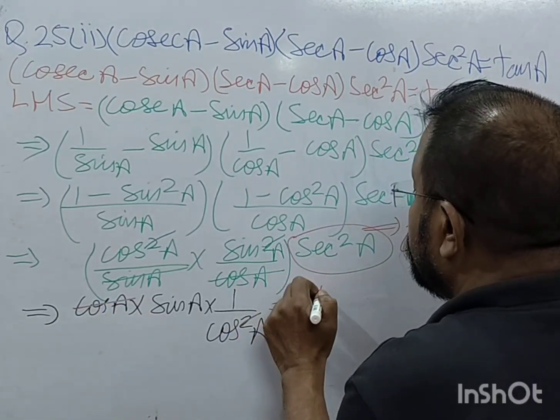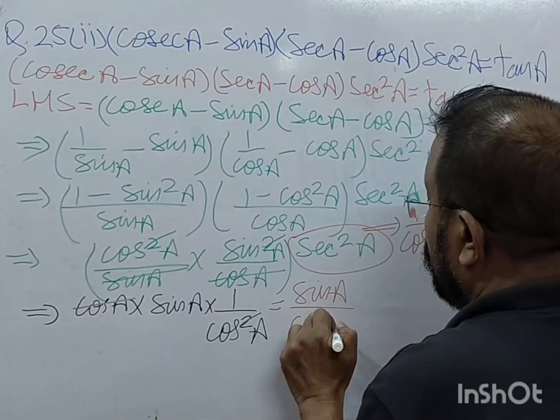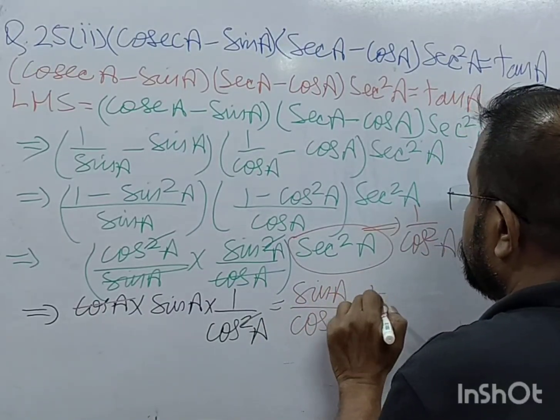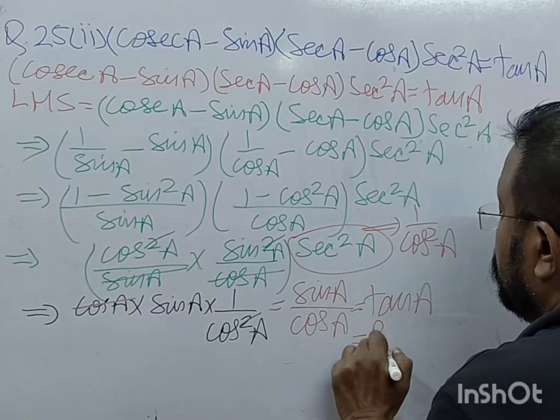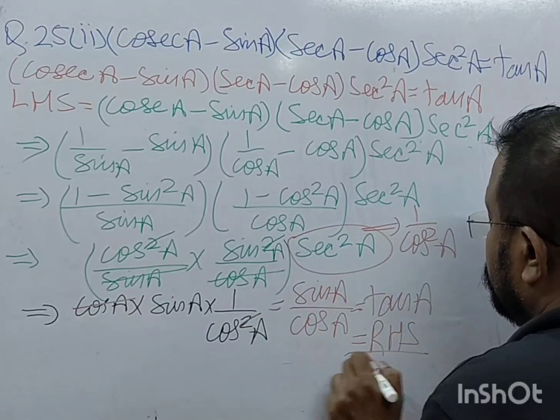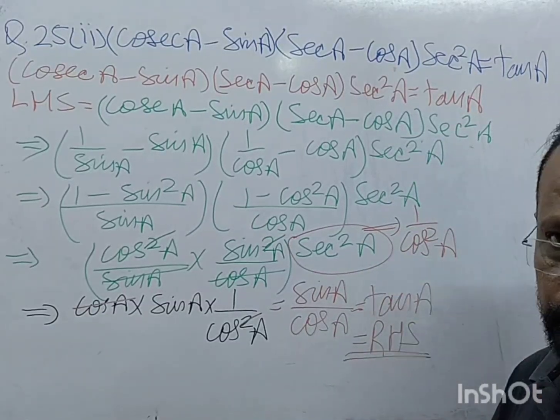You get sine A upon cos A, that is equal to tan A, and it is equal to RHS. Do you understand this? Yes. This is how we can solve this question.